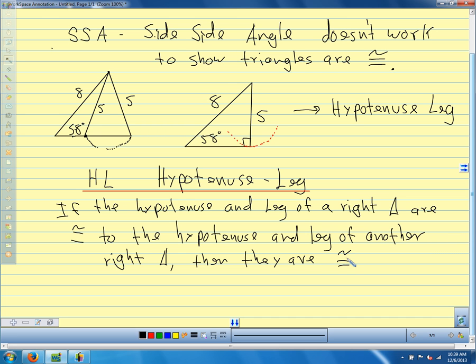So if we have two right triangles and we can match up the hypotenuse and a leg on one right triangle, then that guarantees us that the triangles are congruent.